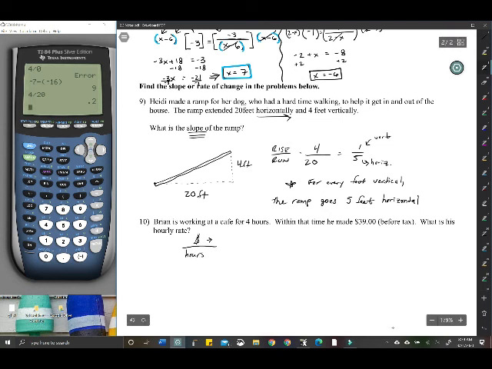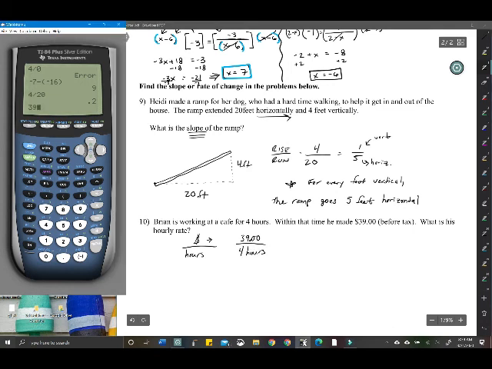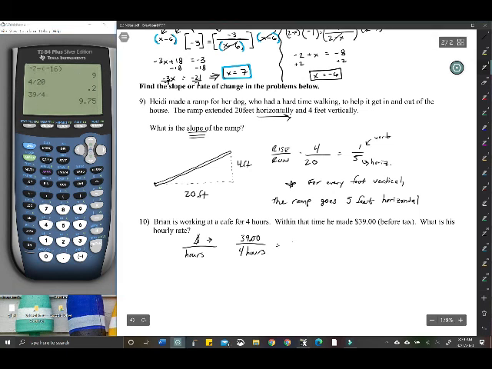And that's your rate of change. So for $39 over 4 hours, 39 divided by 4 is equal to 9.75. With money, it's fine to use decimals. And that is my rate per hour.